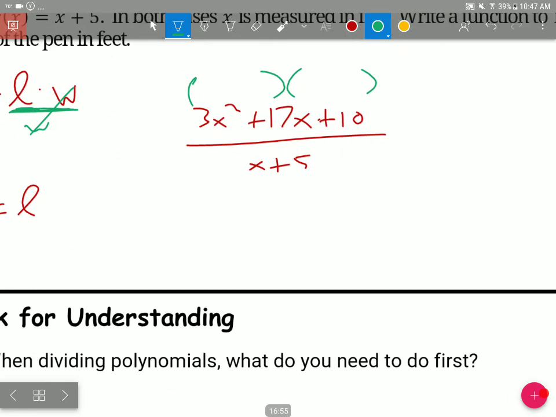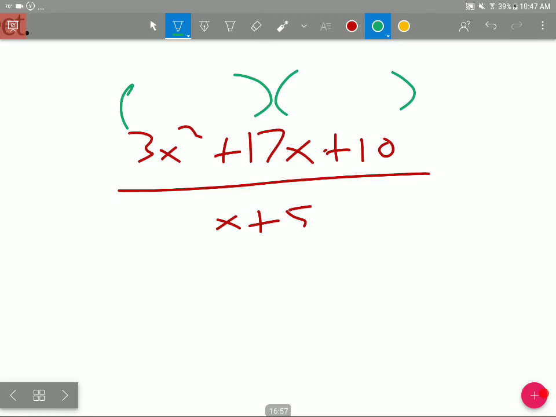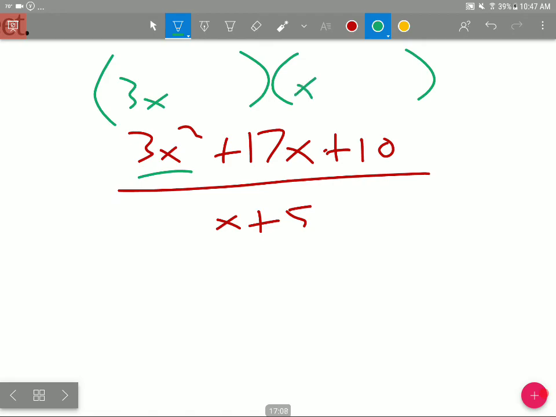I'll zoom in and factor it so I can write a little bit better. What are two things that multiply to 3? 3 times 1. All right, what are two things that multiply to 10? 2 and 5, okay. So what do you think to get the 17? Are you going to do 2 times 5 or 2 times 2? Or 3 times 2? 3 times 5, right. Sorry, I said that backwards.